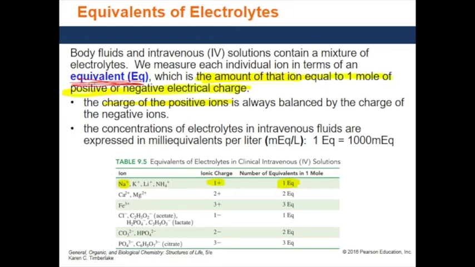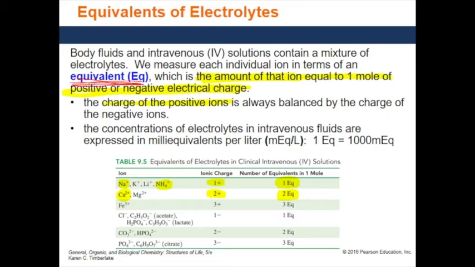If we say ammonium ion, ammonium is NH4 plus. Since the ion carries a charge of +1, 1 mole will produce 1 equivalent of charge. Calcium ion carries a charge of +2, which means 1 mole of calcium ion would produce 2 equivalents of charge.